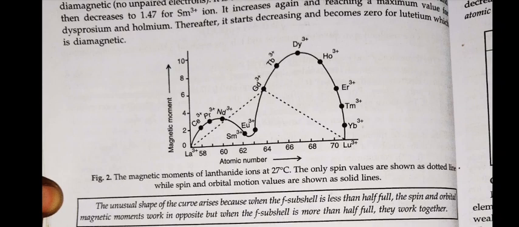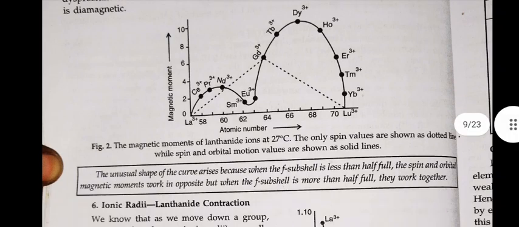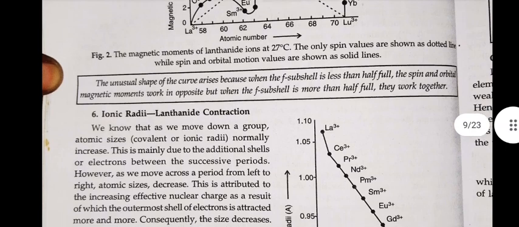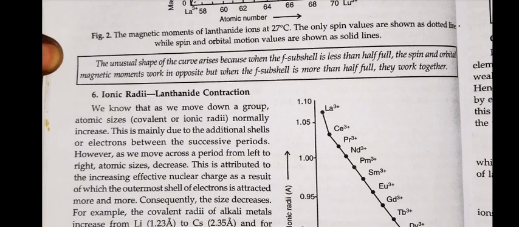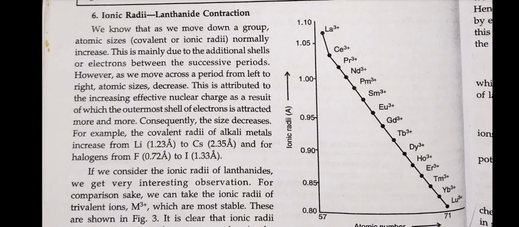Then it starts decreasing and becomes 0 for lutetium, which is diamagnetic. The unusual shape of the curve arises because when the f subshell is less than half full, the spin and the orbital magnetic moments work in opposition, but when the f subshell is more than half full, they work together.